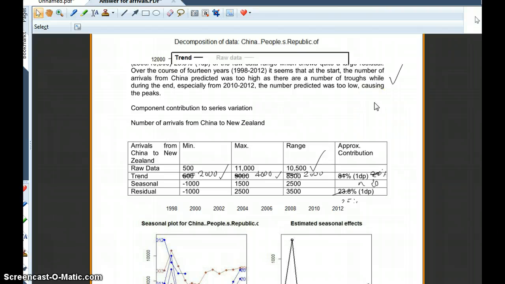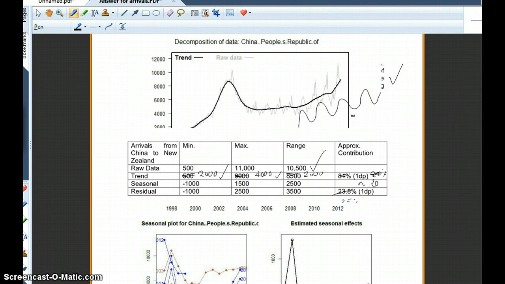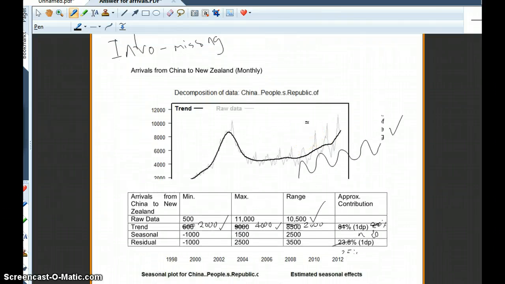Okay, I'm going to draw another picture that just illustrates, I'll exaggerate what she did. So the raw data looks something like this, okay?